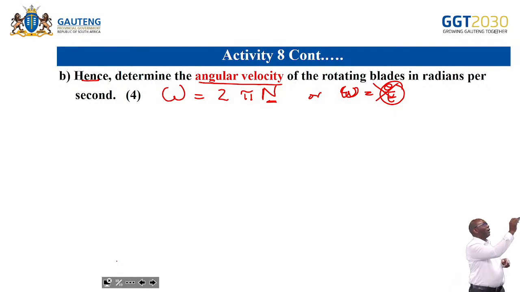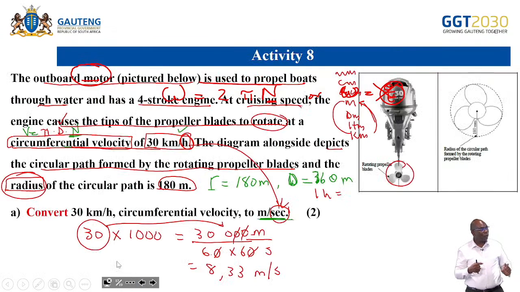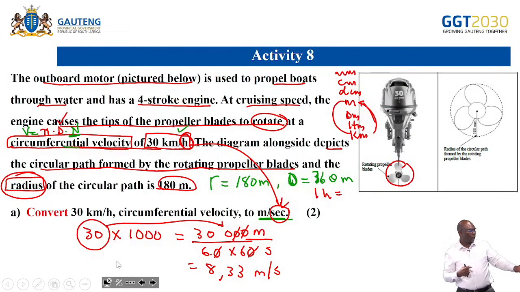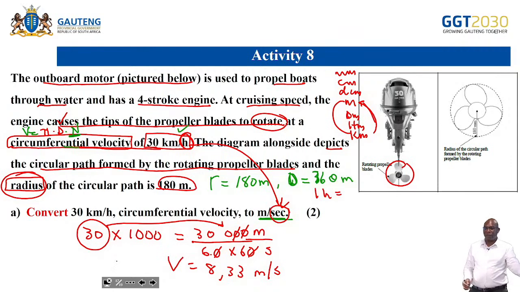That's why the word hence means that I'm going to use whatever I got in the previous question. Remember, this one is our circumferential velocity, given as 8.33 meters per second.